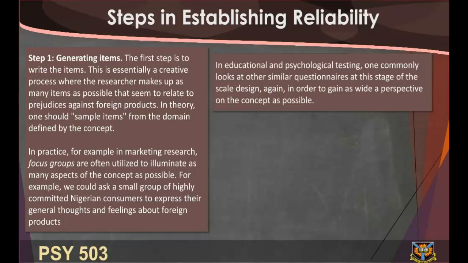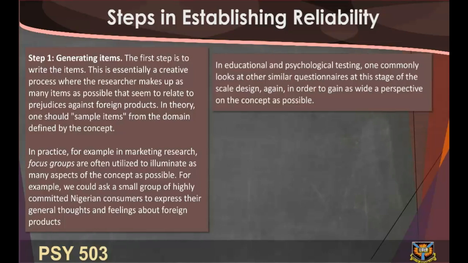In theory, one should sample items from the domain defined by the concept. In practice, for example in marketing research, focus groups are often utilized to illuminate as many aspects of the concept as possible.